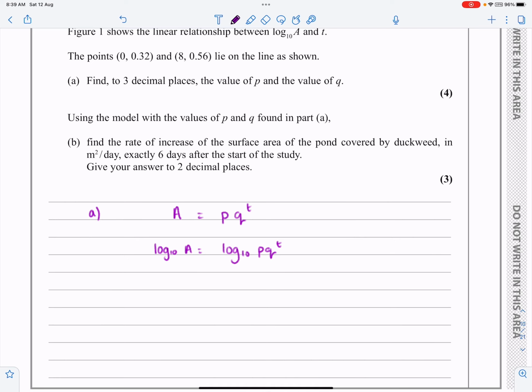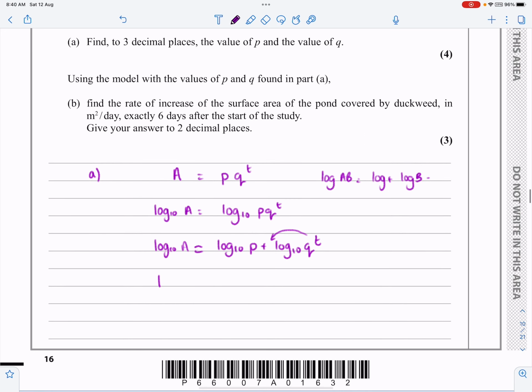Once I've done that, I can use the fact that log AB is log A plus log B, one of our log rules. So the left-hand side doesn't change, but the right-hand side now becomes log 10 p plus log 10 q to the t.